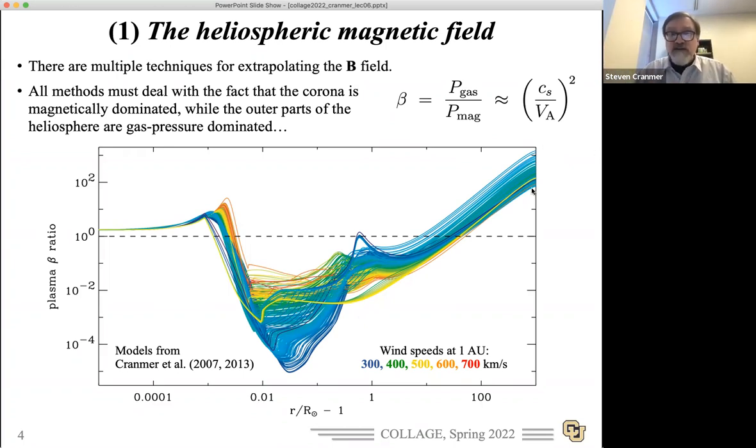The opposite, out in the solar wind, the magnetic field is just sort of a passive player, and it's the gas that determines what to do. And we'll see it's the solar wind that's expanding outward that stretches the magnetic field out. But yeah, all these extrapolation techniques have to take these changes over many orders of magnitude of distance into account to provide something realistic.